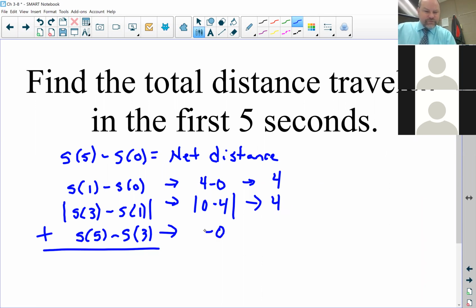And at t equals 5, it's at position 20. Add those 3 distances together, and it's traveled a total of 28 units, whatever that unit happens to be.